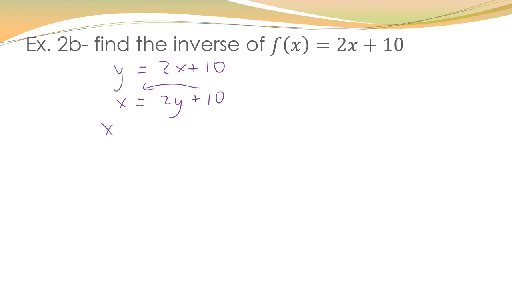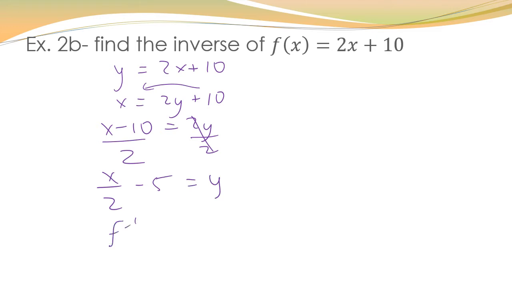Bring that 10 over, x minus 10 equals 2y. Divide everything by 2. That's going to leave us with x over 2 minus 5 equals y. Last step, change y to f inverse of x. x over 2 minus 5. F of x was linear. My inverse was linear.